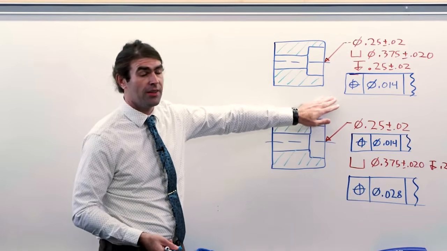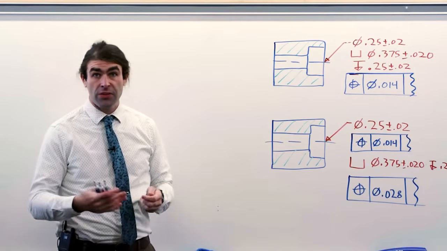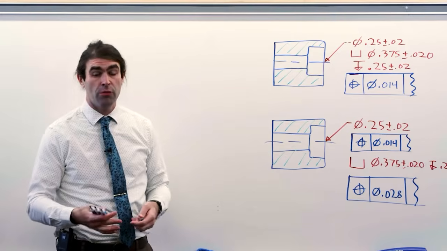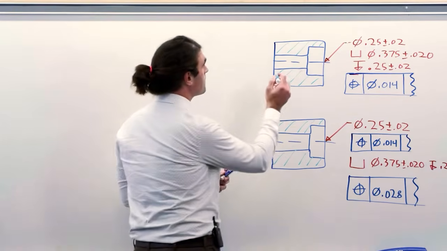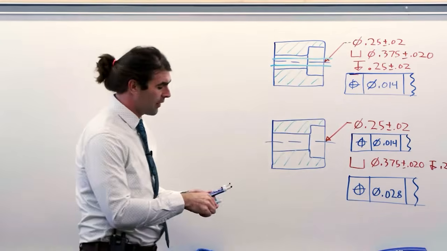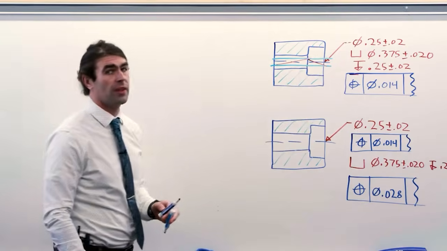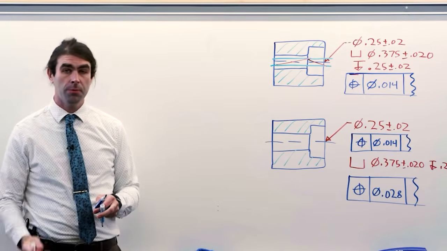I've omitted it in this figure, to 14 thousandths. So the same tolerance zone for both of them from the same datum reference frame. Essentially, the axis of both features must fall within that tolerance zone, okay?